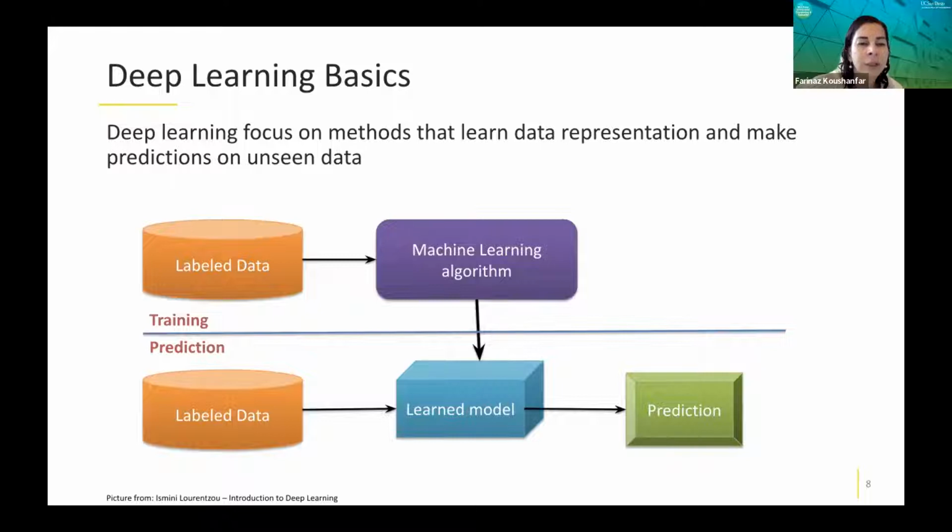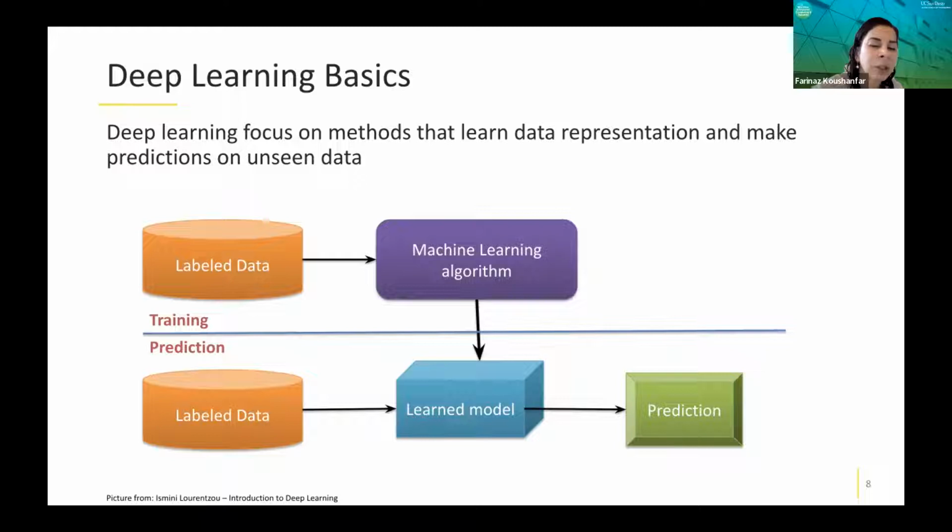So deep learning focuses on methods that learn data representation and make predictions on unseen data. In terms of training, the assumption is that there is some labeled data, and the machine learning algorithm leverages that data to learn those parameters I told you earlier, the activations and the weights.